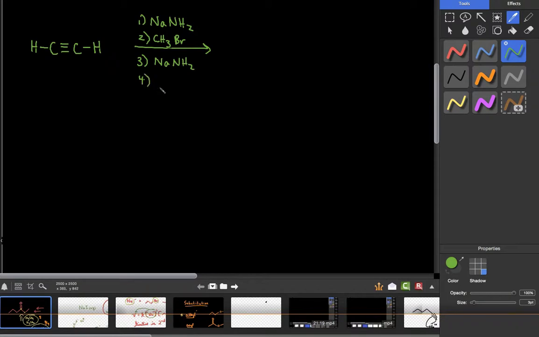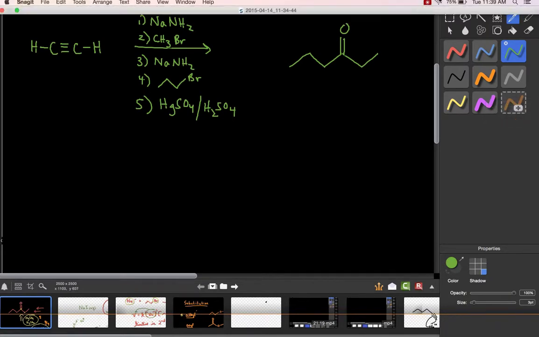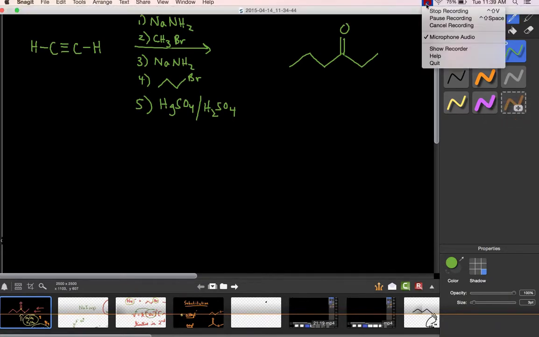Step 4, propyl bromide. Step 5, HgSO4 and H2SO4. That's a one-step reaction. And I'll make the target molecule, which is 3-hexanone. Working backwards makes more sense.